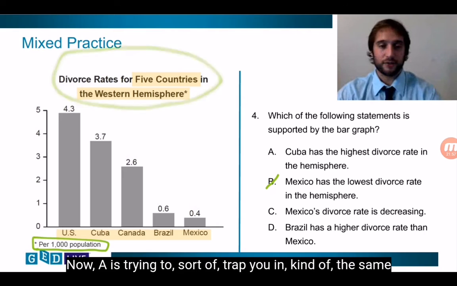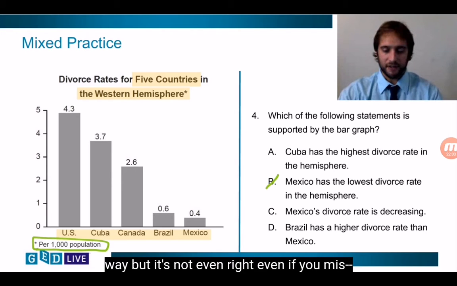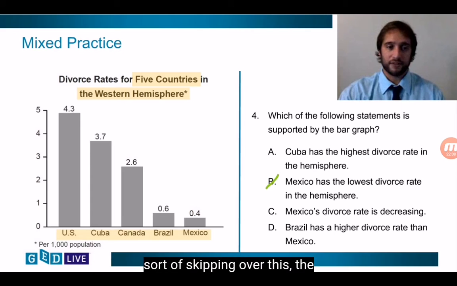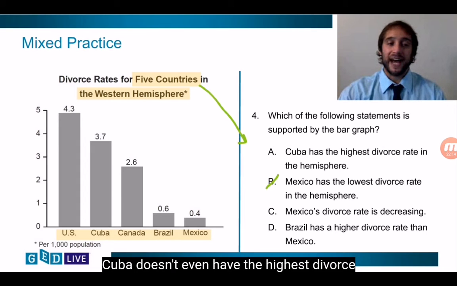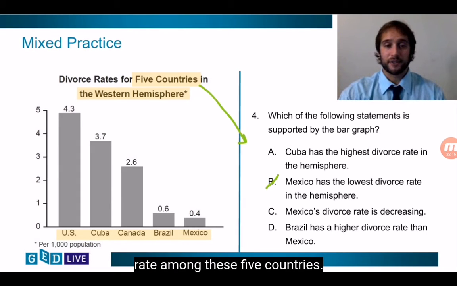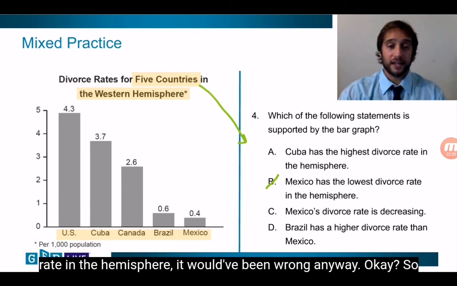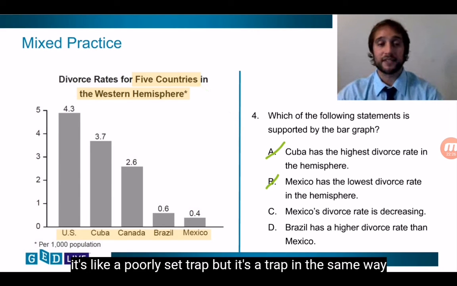Now, A is trying to trap you in kind of the same way, but it's not even right, even if you misinterpreted what this graph represented by skipping over the title here, which we know we shouldn't do. Cuba doesn't even have the highest divorce rate among these 5 countries. But if that had said the United States has the highest divorce rate in the hemisphere, it would have been wrong anyway. So it's like a poorly set trap, but it's a trap in the same way that answer choice B is.